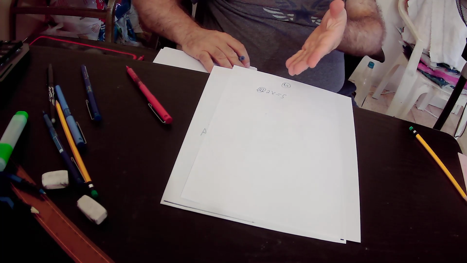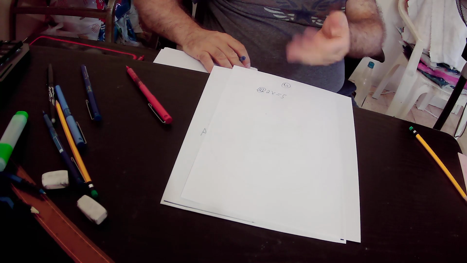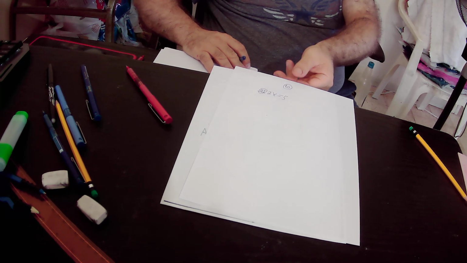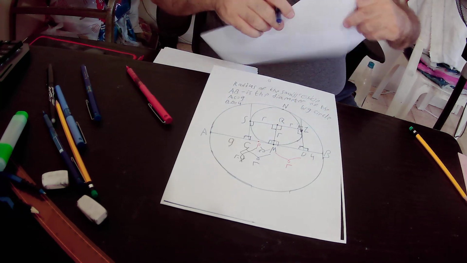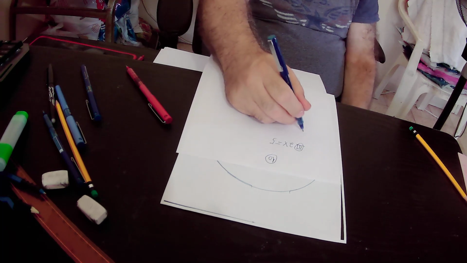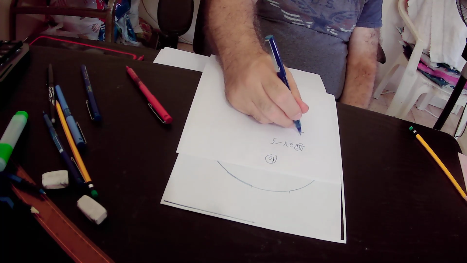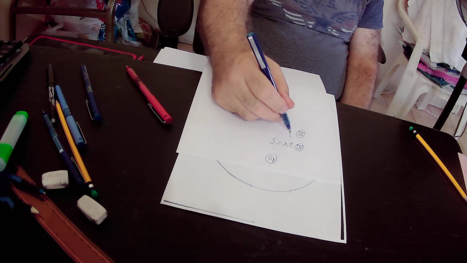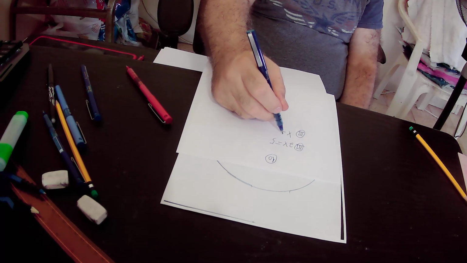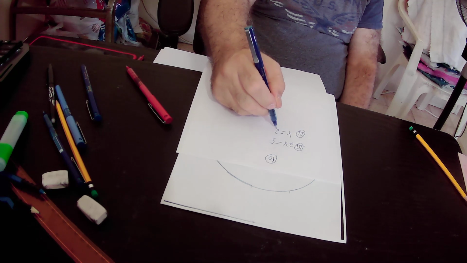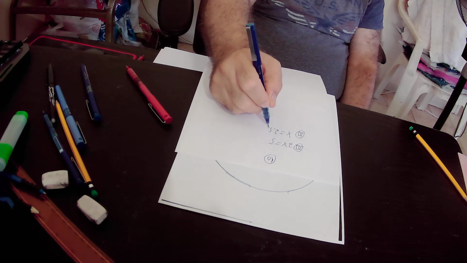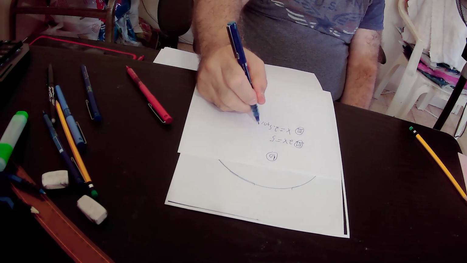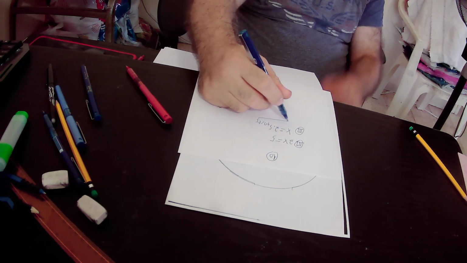Here we will divide the equation number 3 by 2 in order to get the value of x. So x will be equal to 5 over 2. 5 over 2 is 2.5 units. So actually we found out the value of x.